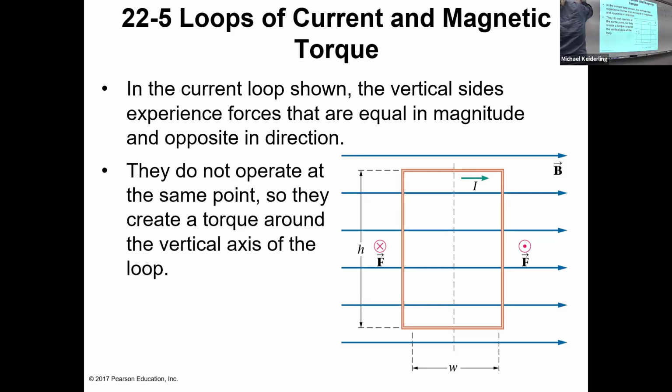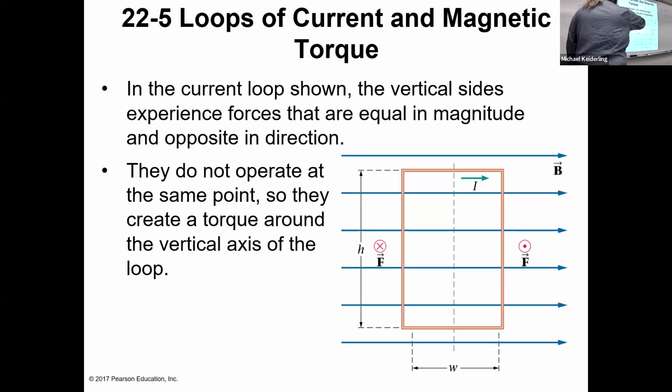and you can do some quick calculations to figure out what that torque is. So torque is going to be force times radius times sine of the angle between them. And the force is current.